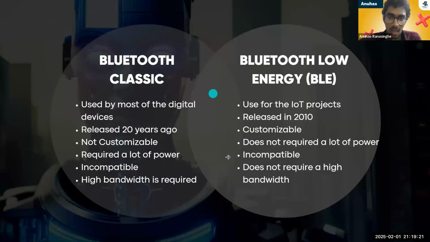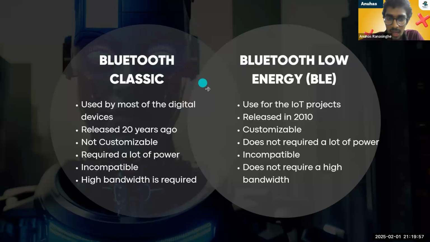Bluetooth Classic is the most familiar Bluetooth type that we use every day. If you turn on Bluetooth on your mobile phone, you can see the nearby devices that use Bluetooth Classic. Sometimes we have to use other tools to track the advertisers of devices that use Bluetooth Low Energy, but usually you can see the devices that use Bluetooth Classic.